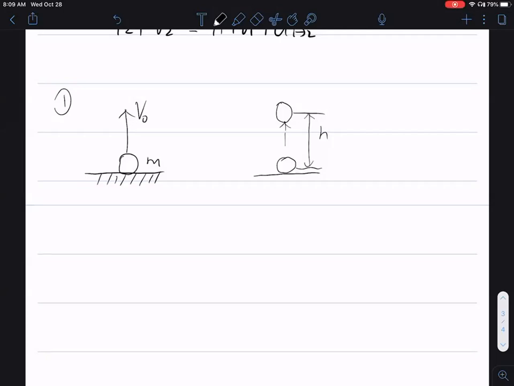At the initial point, I may give a little bit of force to add that speed. But once it's in the air, how many forces do we have? We only have one gravity force pulling that ball down, right? So in this case, the work done for that ball all comes from mgh. So gravity is doing the work.